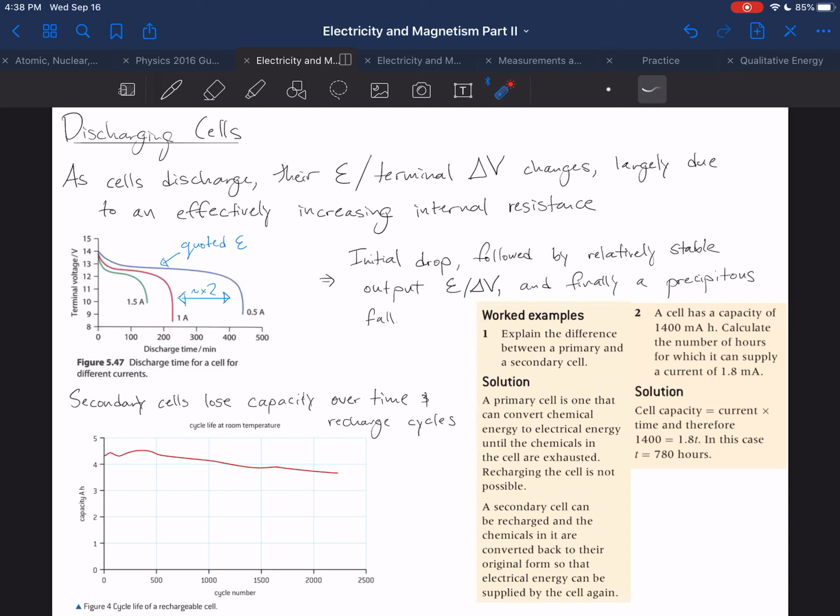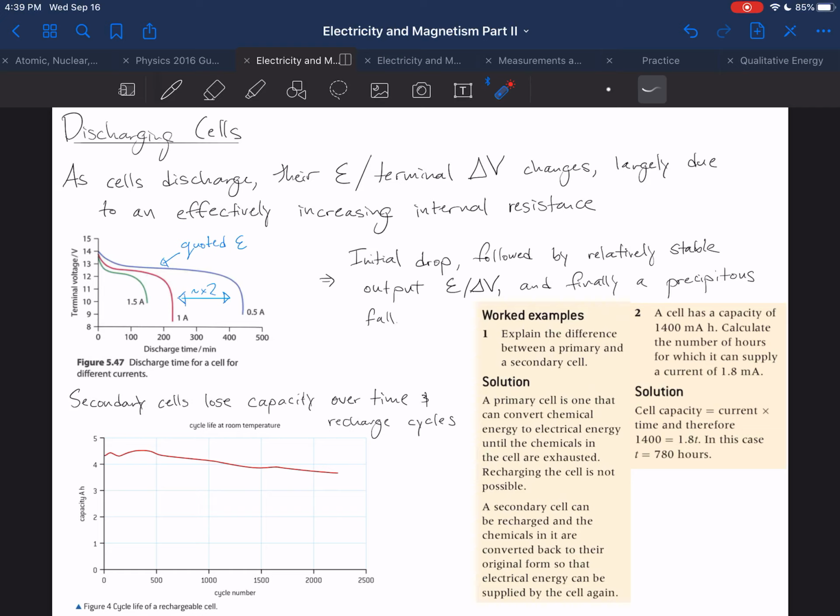You can also see that the actual terminal potential difference for both red and green are slightly higher than for blue, as the impact of that internal resistance is just a little more felt if you're trying to move charge along a little faster.